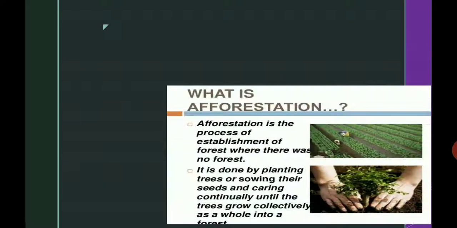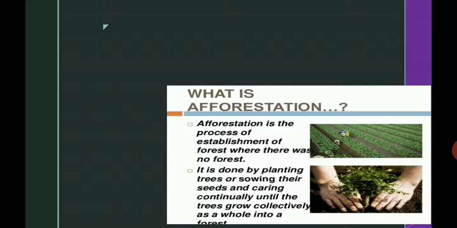Okay, students. So next is, what is afforestation? Afforestation is the process of establishment of forest where there was no forest, or where forest was lost. If we start planting trees again and creating forest, that is known as afforestation.